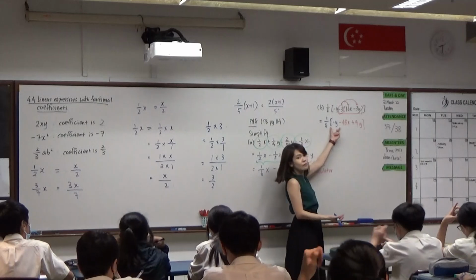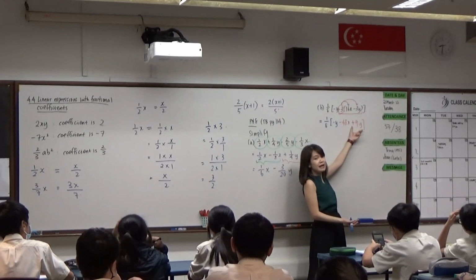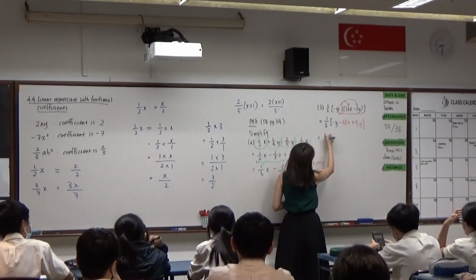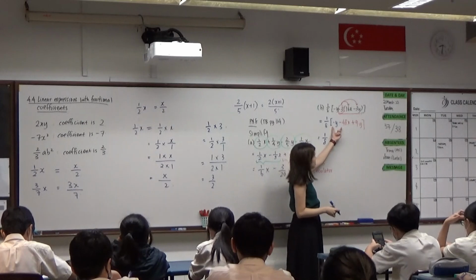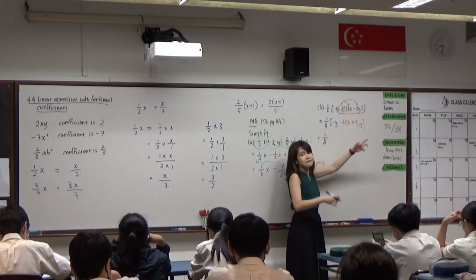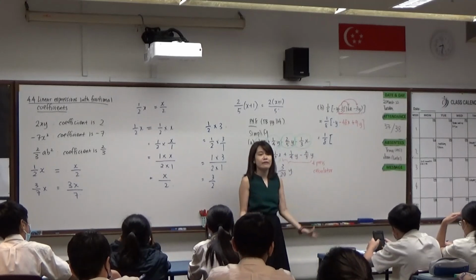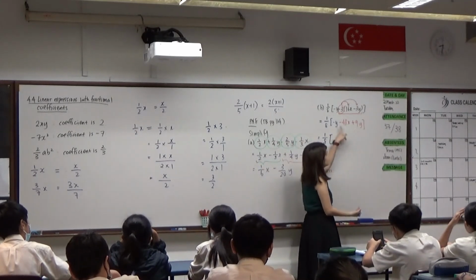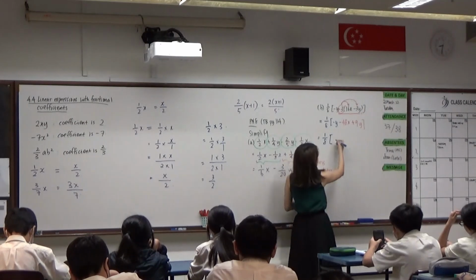I have a negative y here and a positive 9y. I can simplify that by taking negative 1 plus 9. You can see that it's actually a positive 8y.